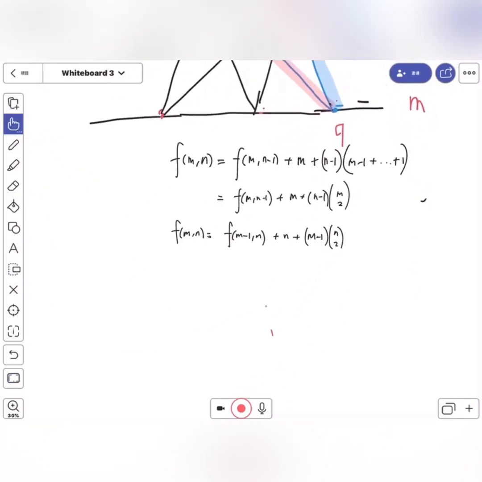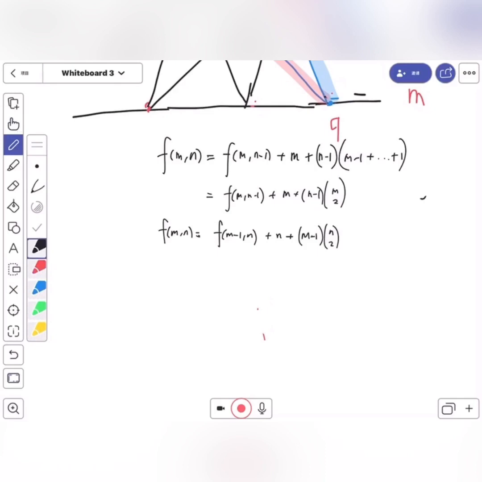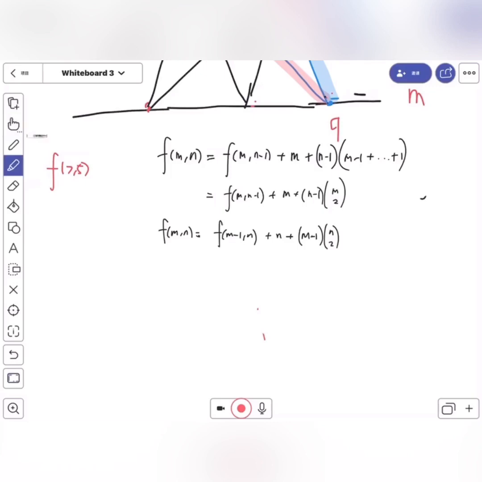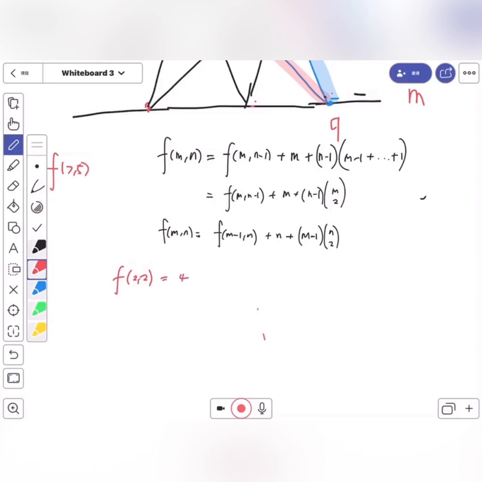So now we have this recursion, we can just bash out the table, and what we want to find is essentially f of 7, 5. Now first we're going to start with f of 2, 2 is equal to 4.